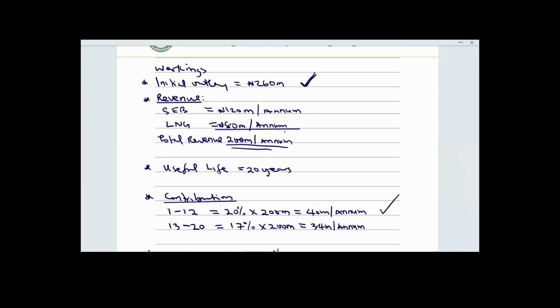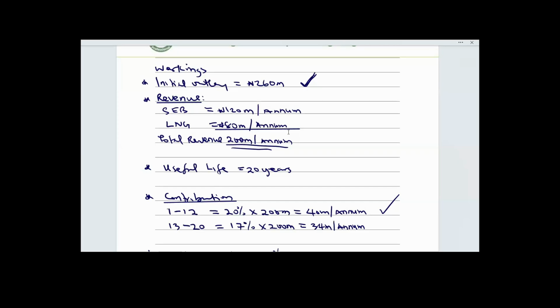I repeat, we are told that our contribution is 40 million naira per annum for the next 12 years. So the total contribution for the first 12 years is 40 million multiplied by 12 years, which gives us 480 million naira, and our initial outlay is 260 million naira. So our payback period is within the first 12 years.